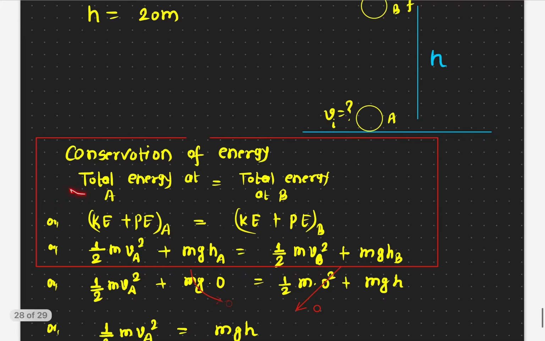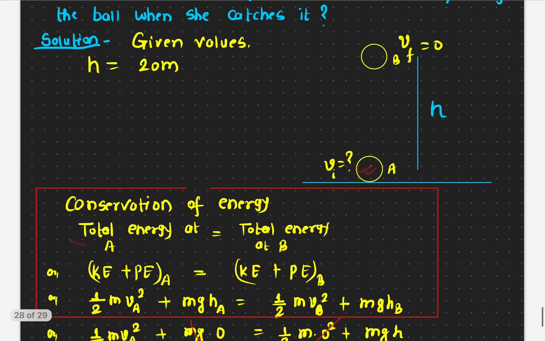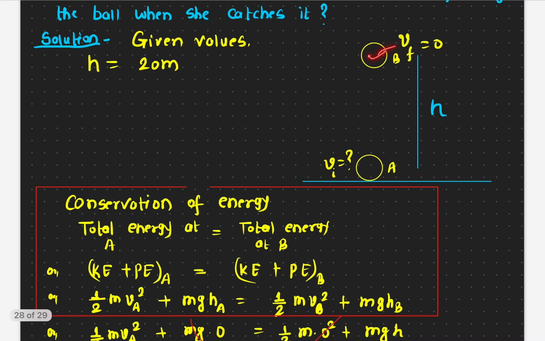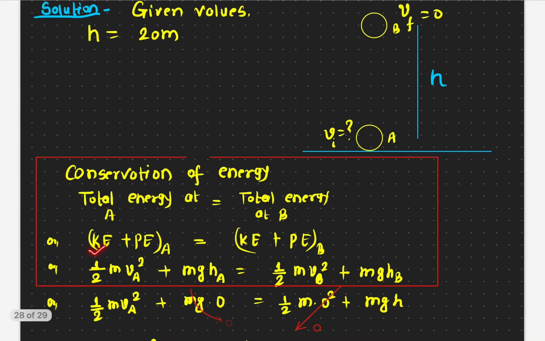So the total energy at point A is exactly equal to the total energy at point B. And the total energy is given by kinetic energy plus potential energy. Again, at point B, kinetic energy plus potential energy. So let's write down what the kinetic energy is. You must know the formula for the kinetic energy.